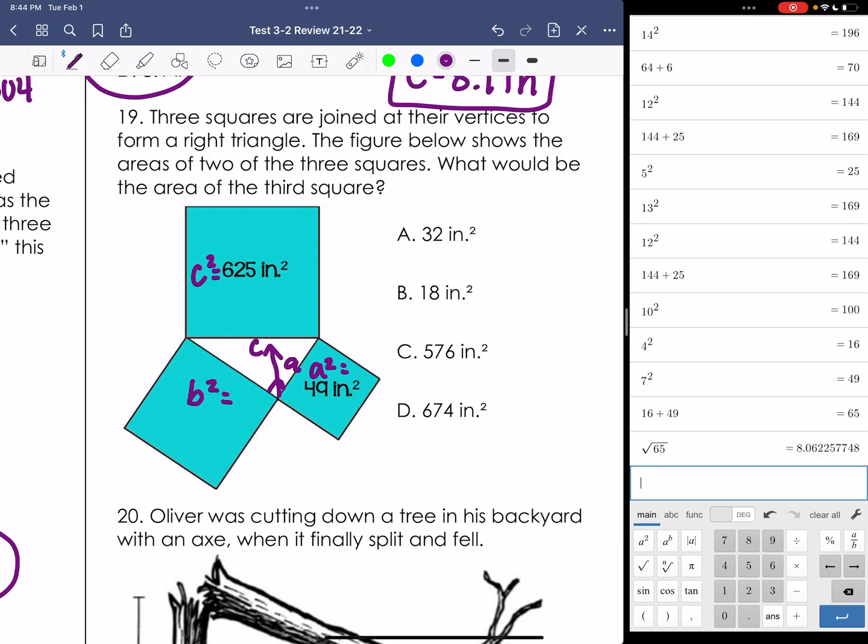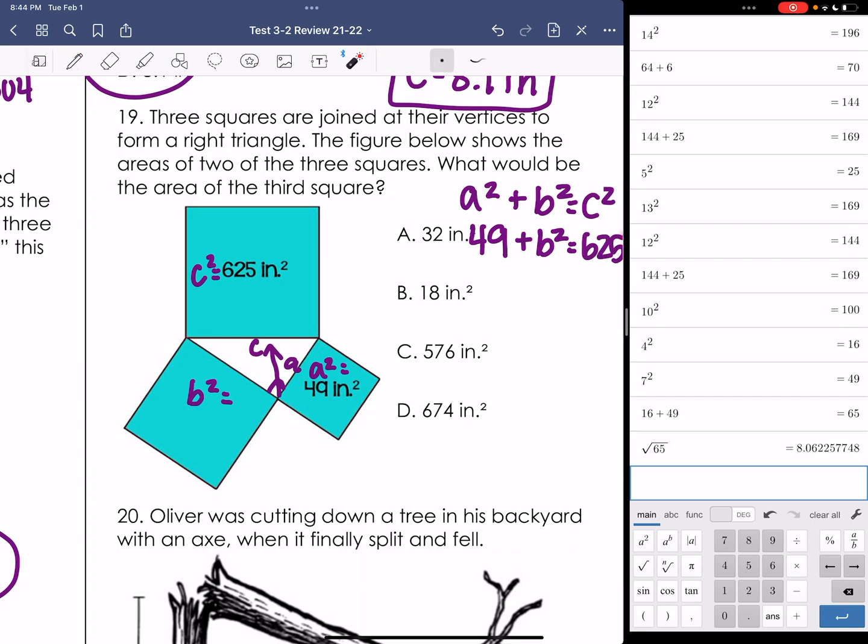If I were to show this to you algebraically, which might make a little bit more sense to you, I have A squared plus B squared equals C squared. So I'm going to substitute this information. For A squared, we have 49, and I do not have to square this because whatever side length I would have gotten, when I square it, it equals 49. So it kind of eliminated a step for you. So we have 49 plus we are solving for B squared, and this equals C squared, which is 625.